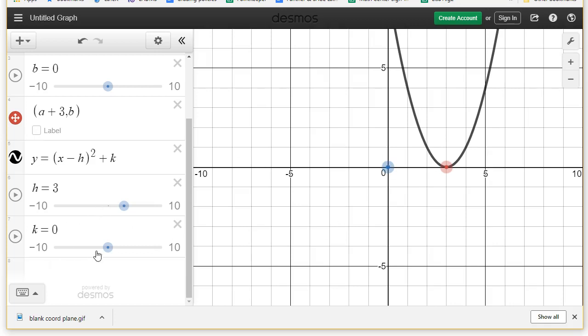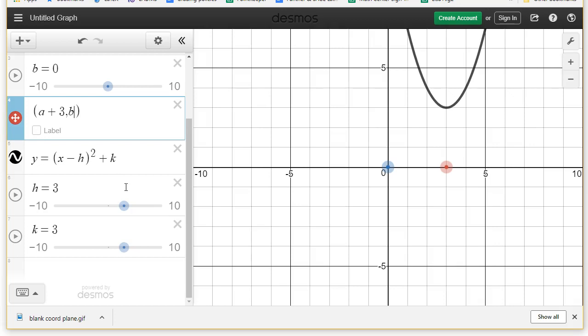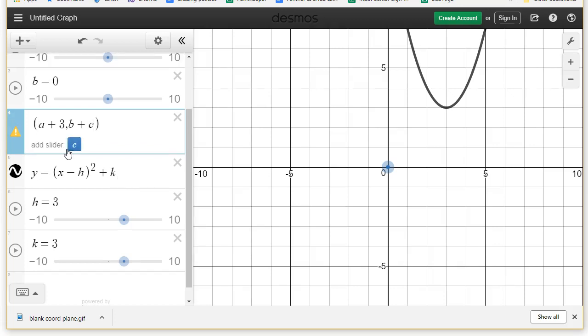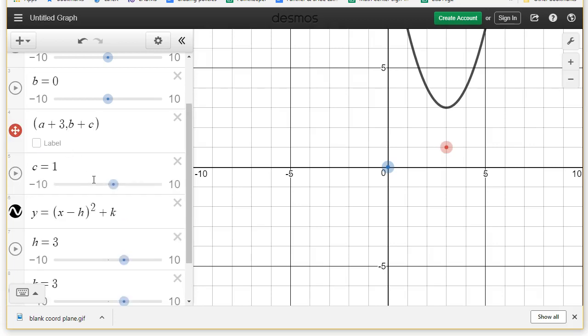But let's take a look at the y value. With the y value, we do plus k. So I'm going to go ahead and do plus 1, plus 2, and plus 3. And what you can see is the parabola moves up. And if I do the same thing, I'm going to do plus c over here and add another slider for our image point.